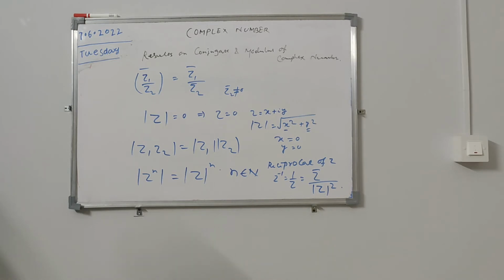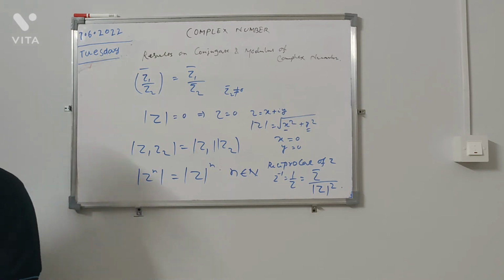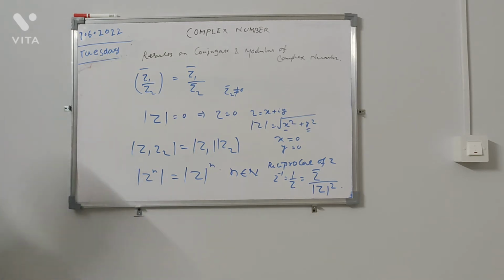So these are some of the properties of complex numbers you should always remember. You can take a picture so you can go through it. Then we will discuss the argument or amplitude of a complex number.